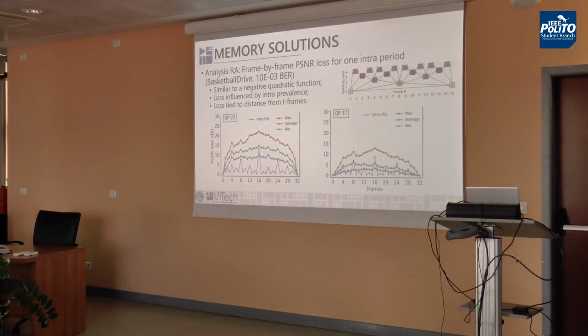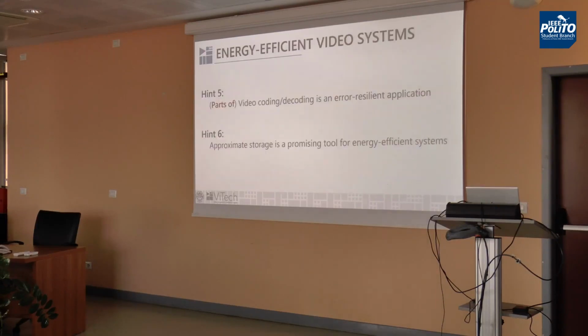And we have already seen that it is possible to reach good numbers, even at the decoder side. At the encoder side, we can go further, but we are still not published on that. The hint that we can extract here is, yeah, video coding is error tolerant, but not all tools. There are some specific tools that make sense for approximation. For instance, entropy coding, you cannot do that.